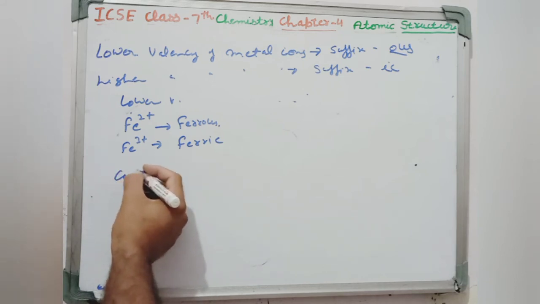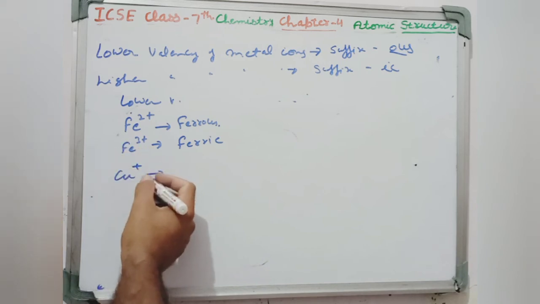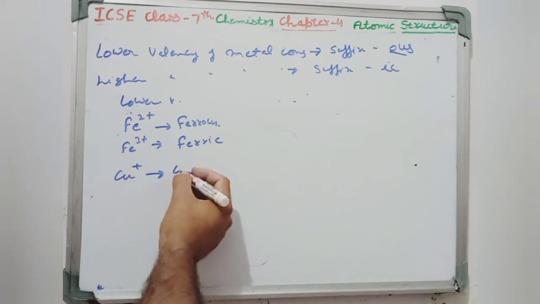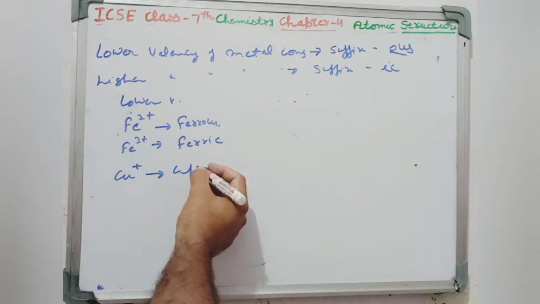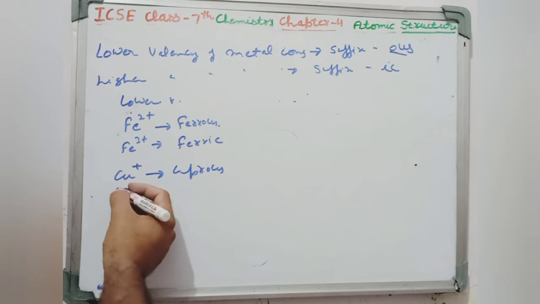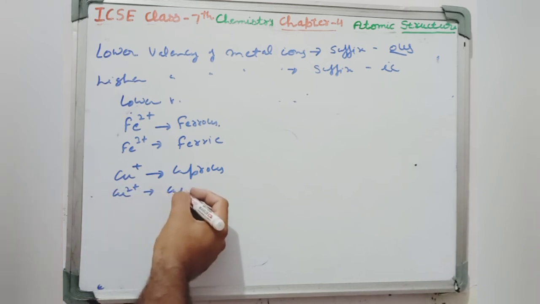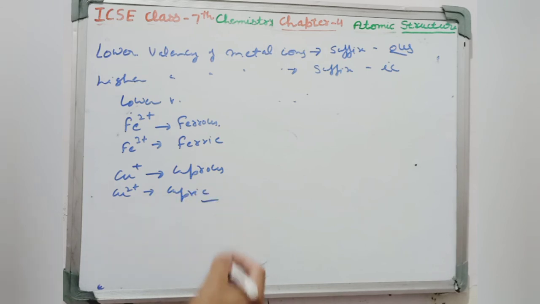In the same way, if I write Cu+, only one valency, this is cuprous. If I write Cu2+, higher valency, this will become cupric, right?